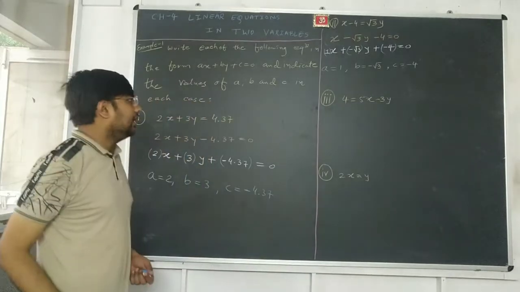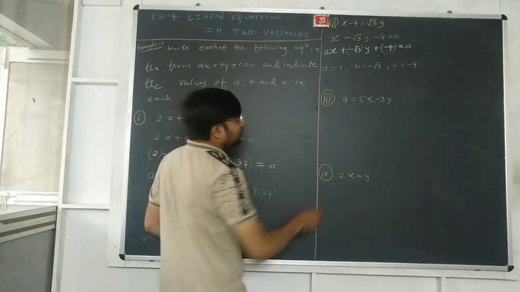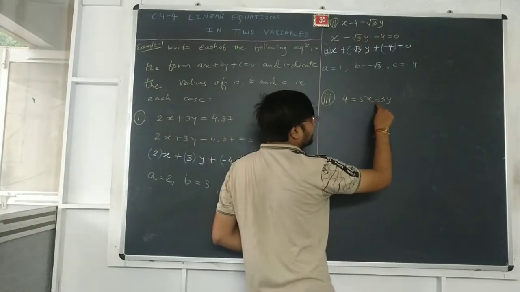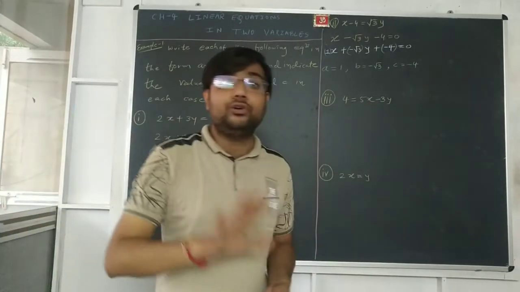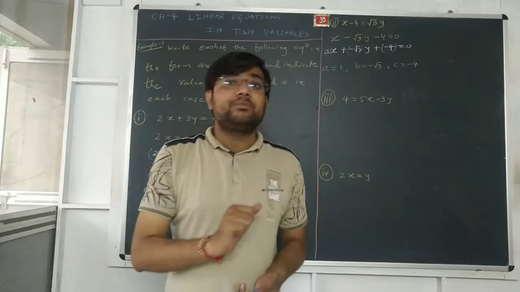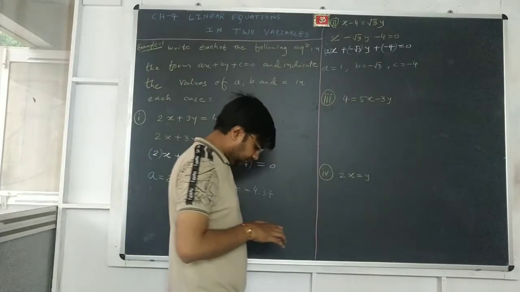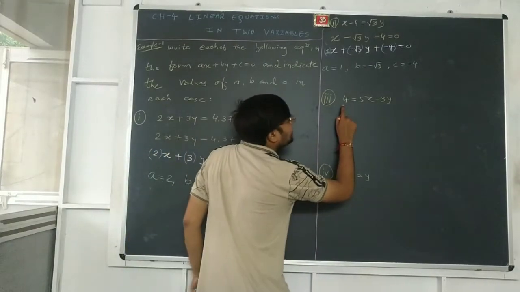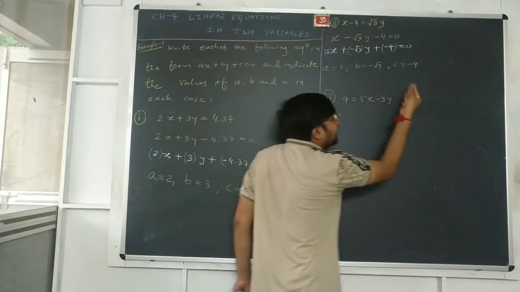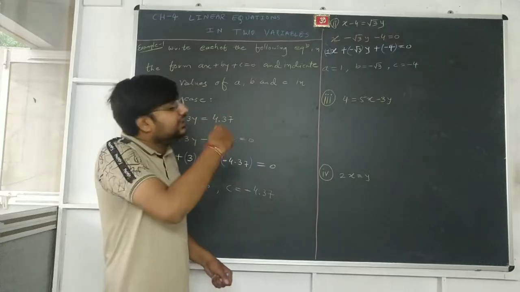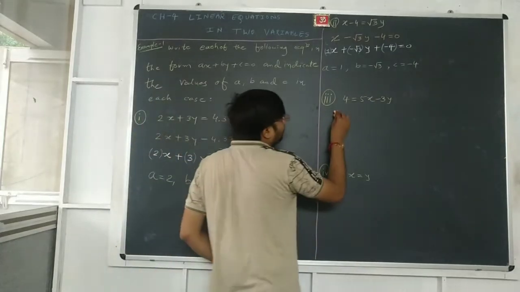Ready? Now the next question, 4 is equal to 5x minus 3y. Okay, here suppose 4 on the left hand side is plus, it goes to the right hand side, then it is negative.